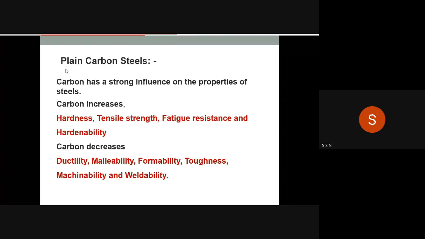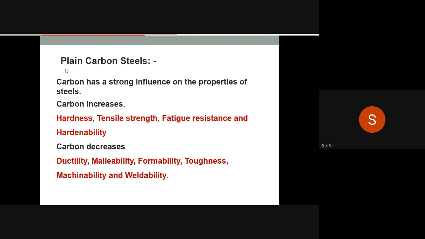These properties are, first, hardness. What is meant by hardness? Hardness is the resistance or ability to resist wear. It also increases the tensile strength and the fatigue resistance. Fatigue means cyclic loading, and to resist that cyclic loading, the increase in carbon content is also good. Hardenability also increases with carbon percentage.